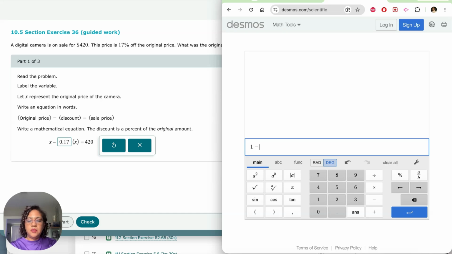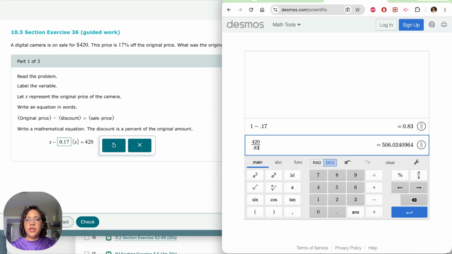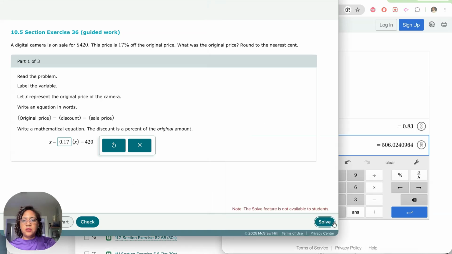So 1 minus 0.17, which is 0.83. So then you would have 420 divided by 0.83, right? Because, yeah, I'm doing this without drawing. So 420 divided by 0.83. So the original price was $506.